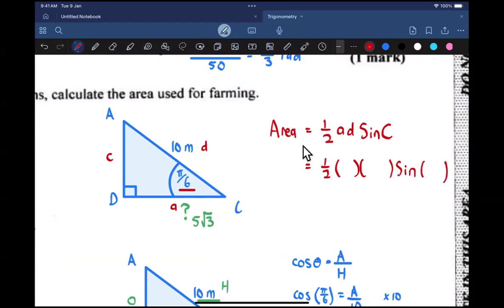Kiara? Sorry, I was trying it on the calculator. Now that we know A is 5 root 3, I could find the area because I know what A and D are. So tell me what to plug in here. It'll be a half, 5 root 3, and 10 in the other one.